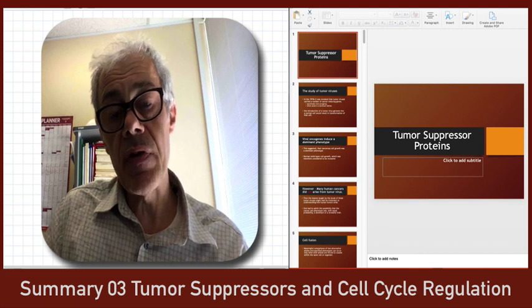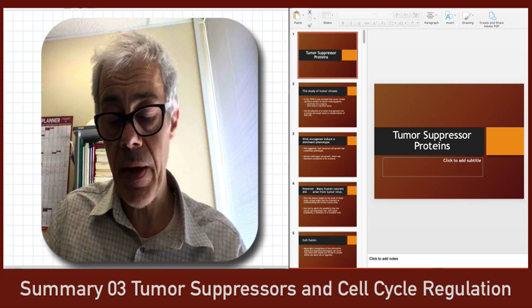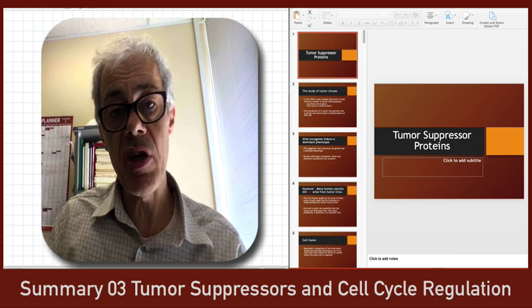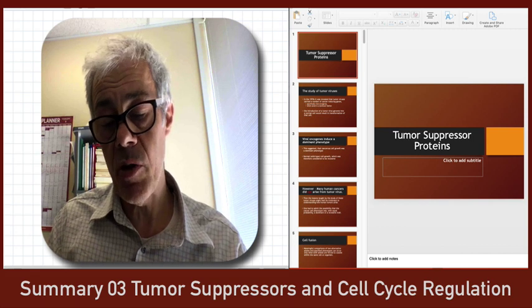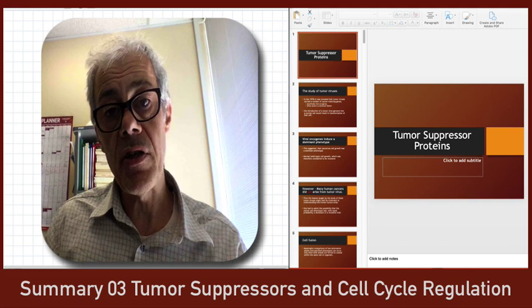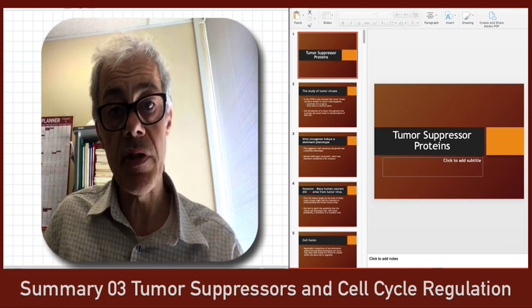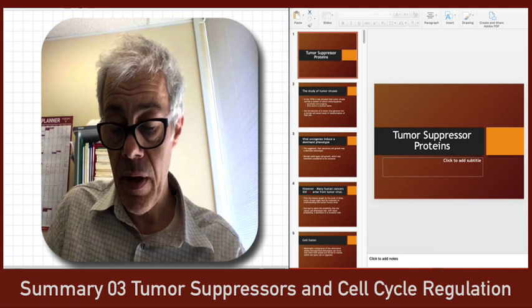It became the first identified tumor suppressor protein in human cells. Once retinoblastoma was established as a tumor suppressor, the concept was applied to other proteins that were being studied as well. But retinoblastoma was the first identified tumor suppressor.